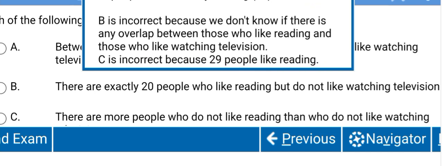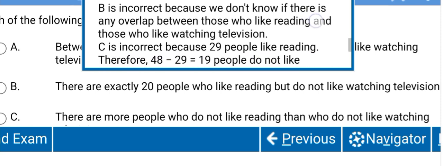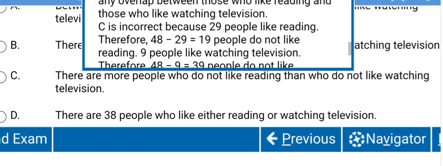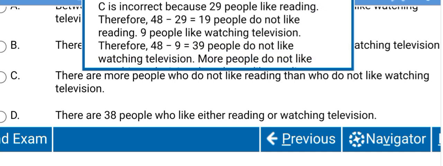So option B is incorrect because we don't know if there is any overlap between those who like reading and those who like watching television. Option C is incorrect because 29 people like reading, therefore 48 minus 9 equals 39 people do not like watching television.